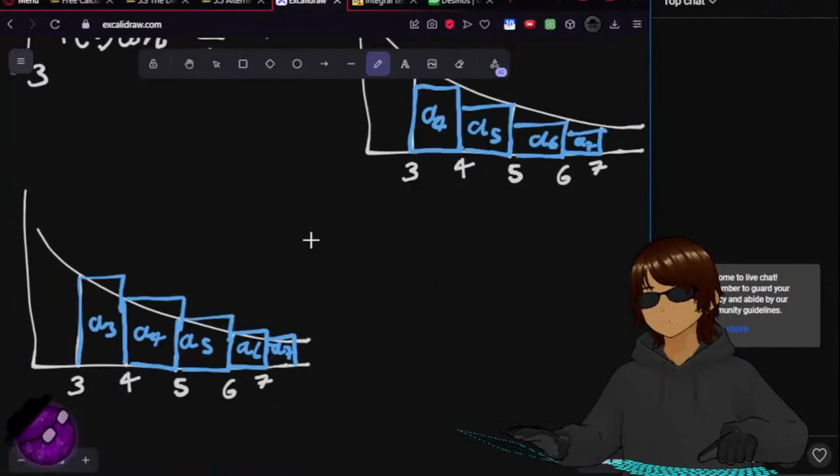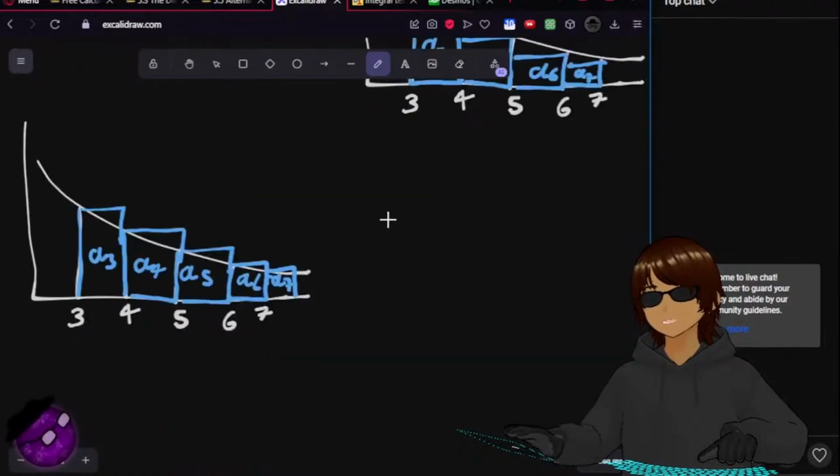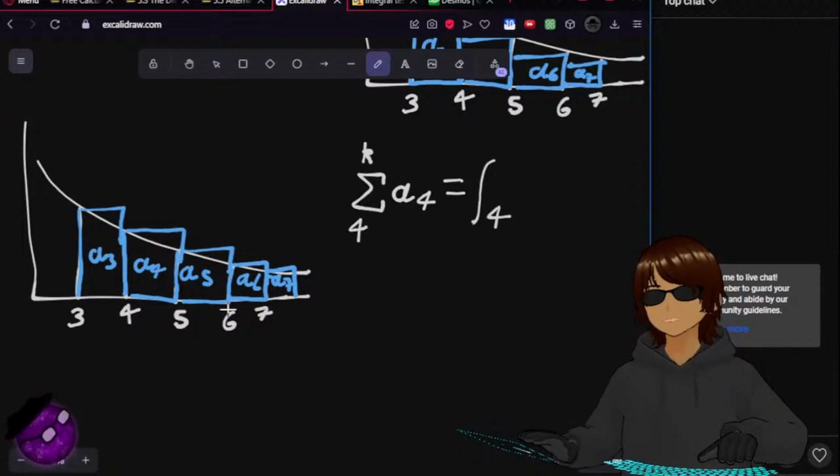and then 8. So before we concluded this, we can also say K4. So A4 plus A5 plus A6 gives the area from 4 to 7, or we can say from 4 to K plus 1.